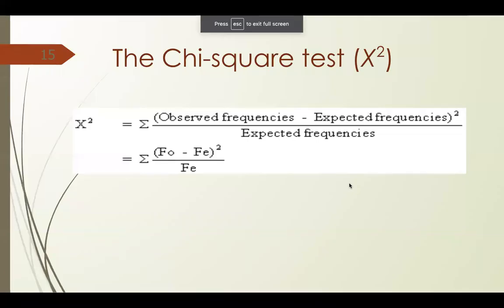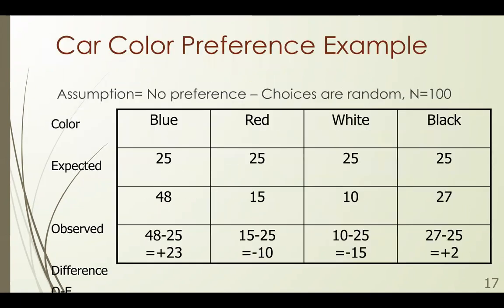Chi-square test is needed when you have categorical variables. So for example, let's just go to this example here. You have a car dealer that would like to order cars according to the color preference.